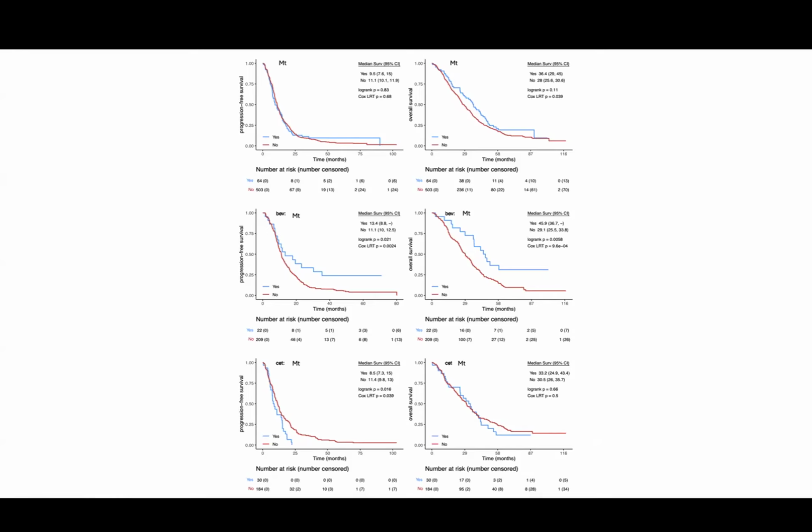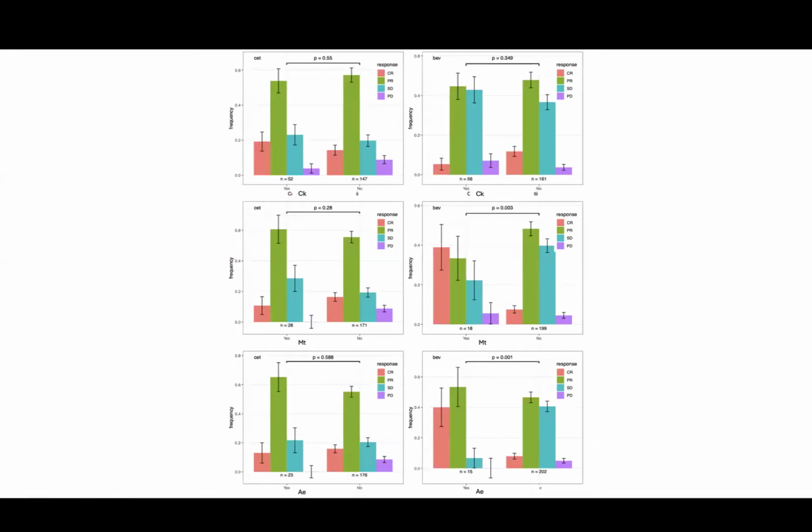Also, it raises a possibility of whether we could develop a probiotic and actually a treatment for these patients. And then the last one, AE, is a similar pattern, that it seems to be beneficial to the patients.